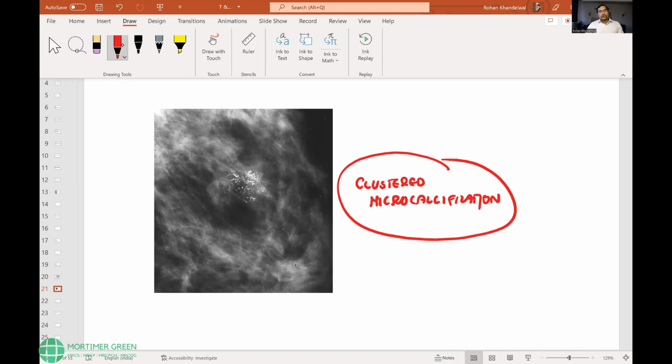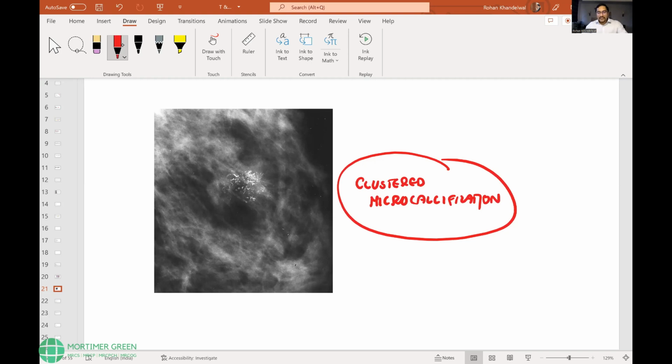Now, a lot of you would answer it as core needle biopsy, right? Correct. So guided biopsy. Guided using what? Will you be able to see microcalcifications on an ultrasound? Can you see microcalcifications on an ultrasound?